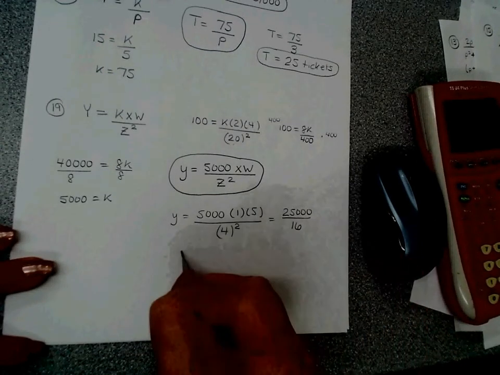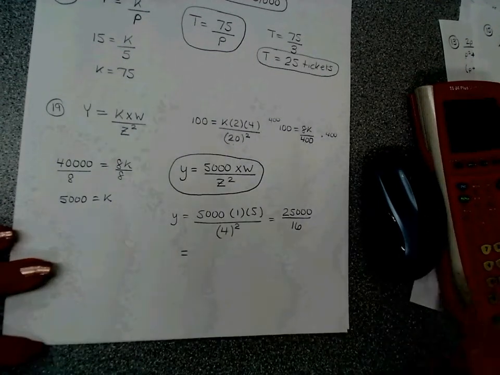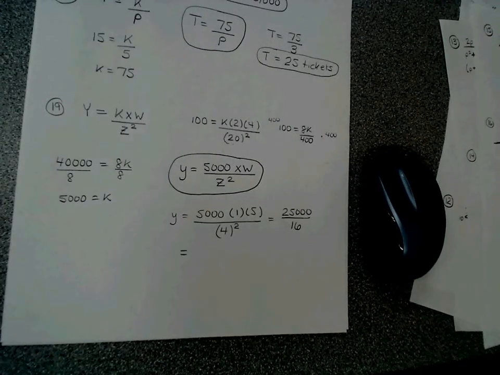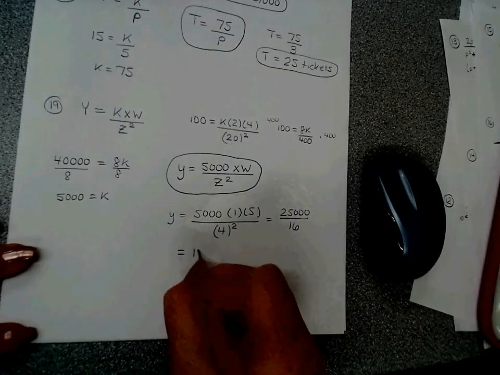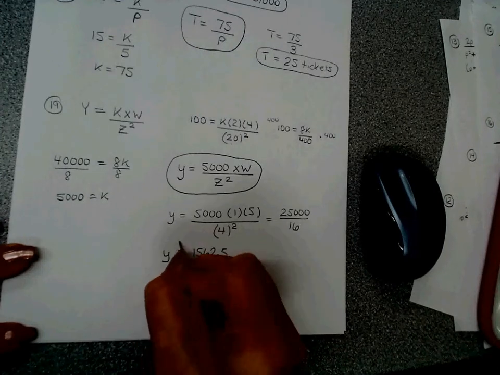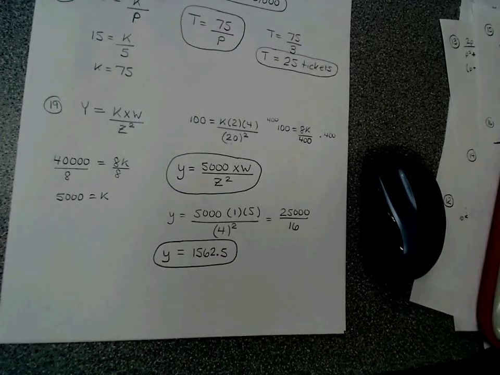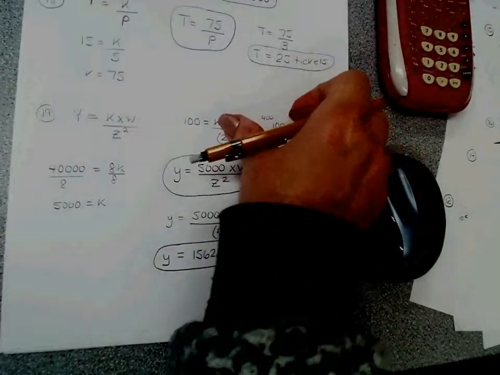So I need to know how many times will 16 go into 25,000. I grab my calculator because I don't feel like doing that one in my head. 25,000 divided by 16 is 1,562.5. And there were no units on any of those, so it's just a pure number. So y equals 1,562.5.